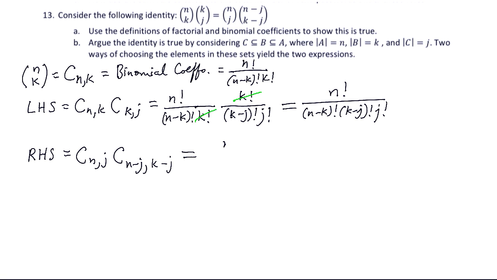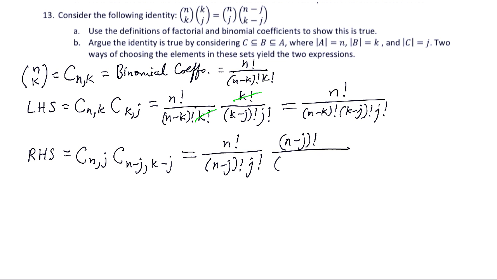We have n factorial, n minus j factorial, j factorial. See, that's the same j in the denominator. And now I have n minus j factorial all over, the first one minus the second one. Let's just do that up here. n minus j minus (k minus j) is equal to n minus j minus k plus j, because I've taken that minus sign and distributed it.